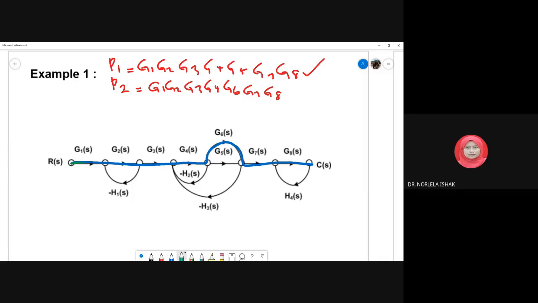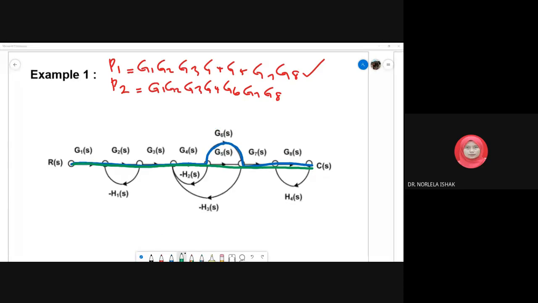Just now, our first route went from here to here. Everybody, can you define the forward path? Can everybody follow? Yes. How about the rest?